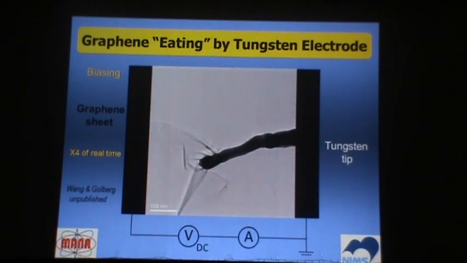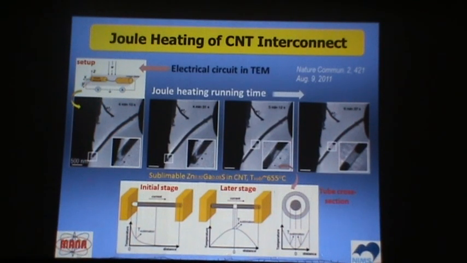So the message is that these metals like tungsten, iron, cobalt are not good electrodes for graphene electronics, because there is diffusive interaction between carbon species and metal species, and you have carbides, and everything is changing with respect to electricity.